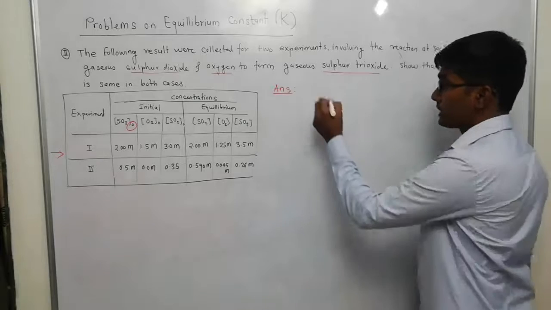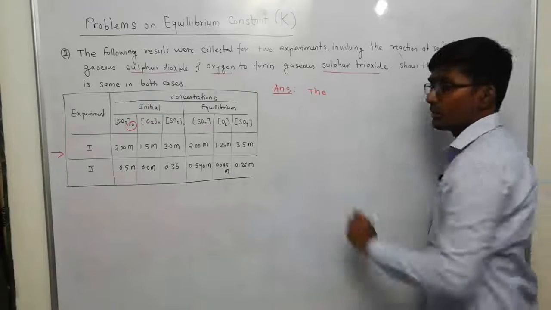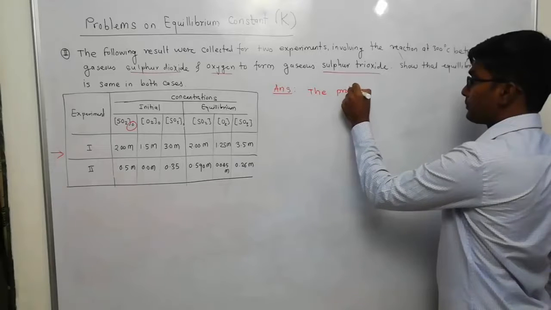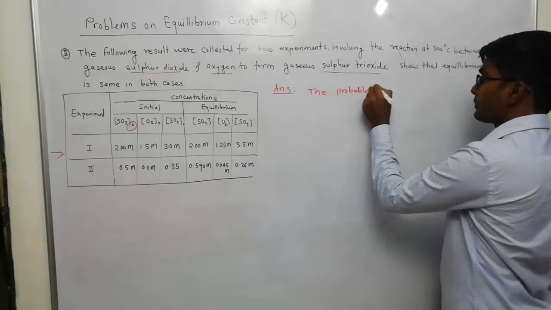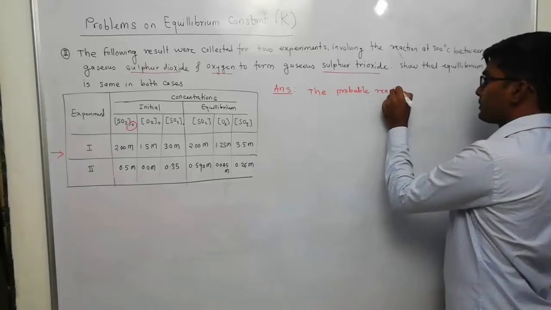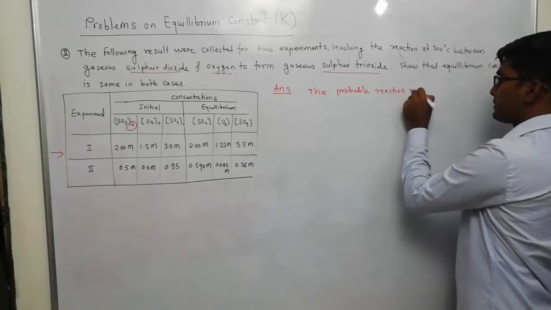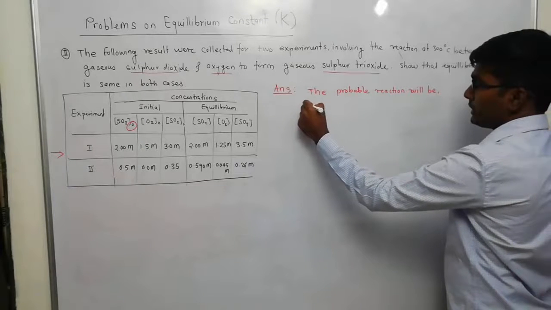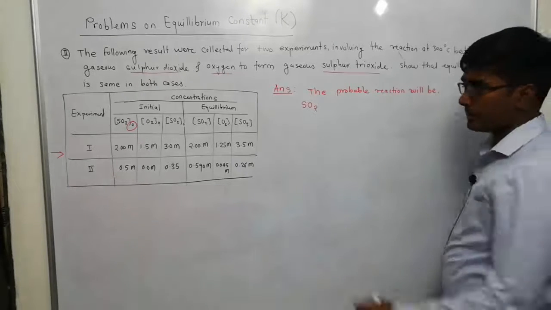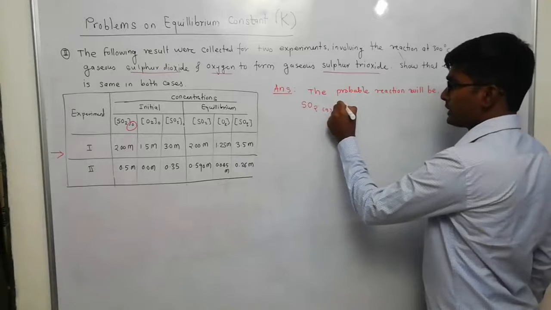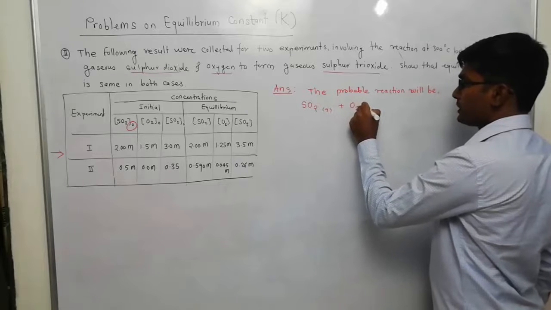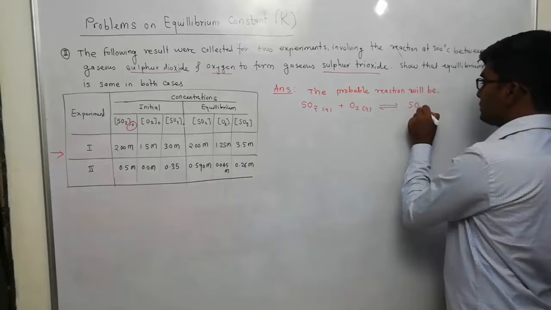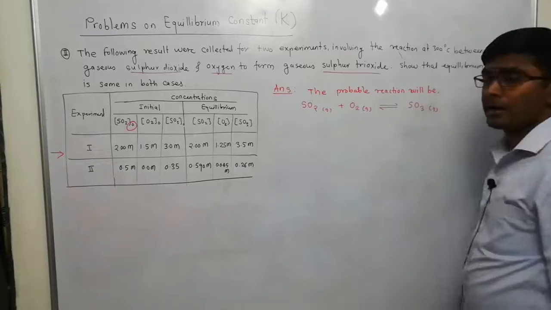So let us write down the probable chemical reaction: sulfur dioxide SO2, gaseous, plus oxygen O2, also gaseous, forming SO3, that is sulfur trioxide.